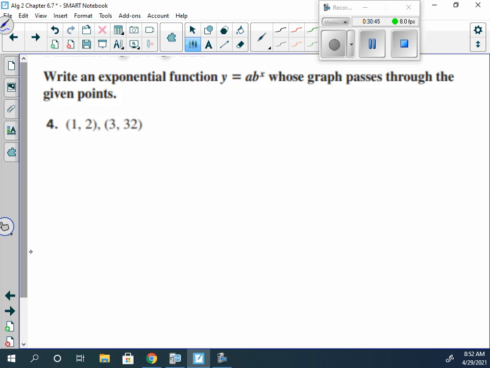So we're going to find the exponential function that goes through the points (1, 2) and (3, 32). So if we set this up, it'd be 2 is equal to a times b to the first. Then we would also have 32 is equal to a times b to the third. Then what do we do next?